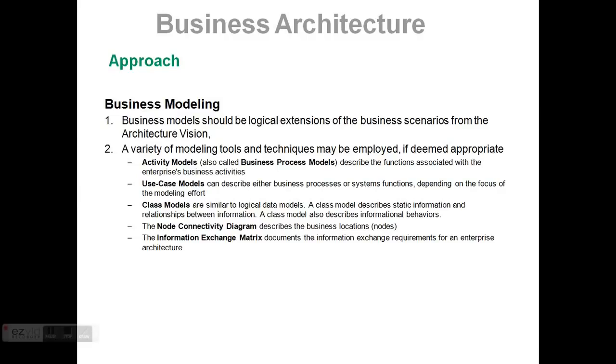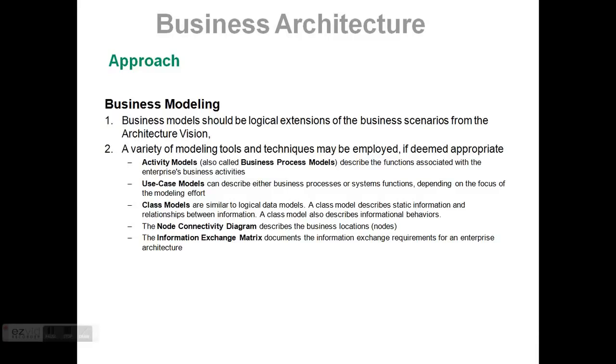As part of our approach, we need to also consider business modeling. Business modeling should be a logical extension of the business scenarios from our architectural vision in phase A, so that the architecture can be mapped from a high-level business requirement down to the more detailed ones.